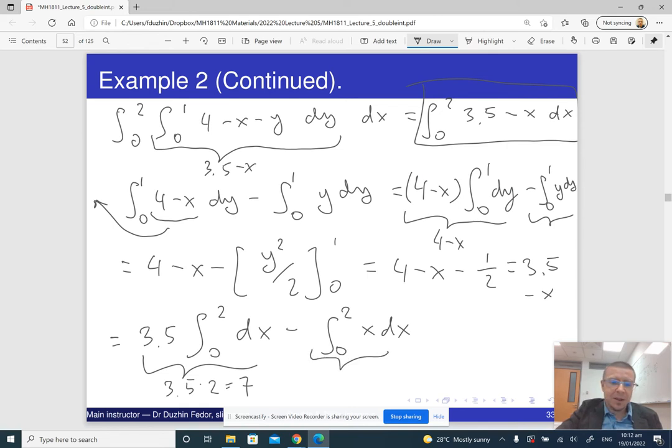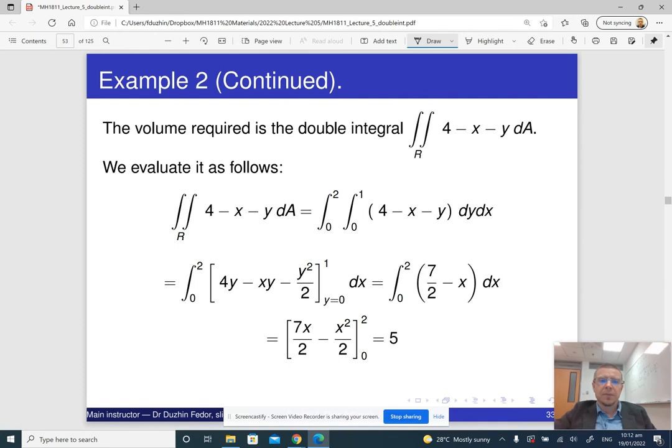And this part is really the antiderivative of x, which is x squared over 2, and the change from 0 to 2, which is 2 squared over 2, which is 2. So what we get is 7 minus 2, which is 5. So that's the answer. All right, so this is the answer.